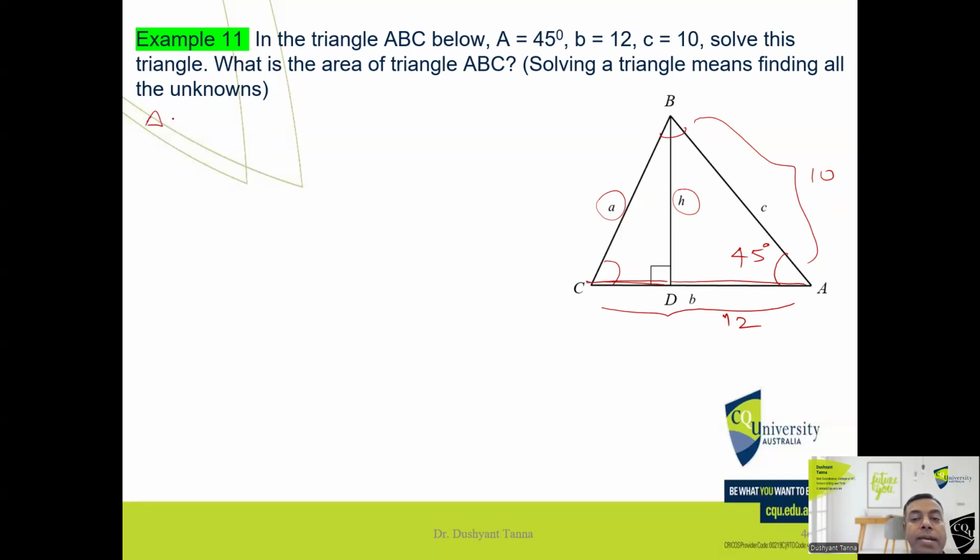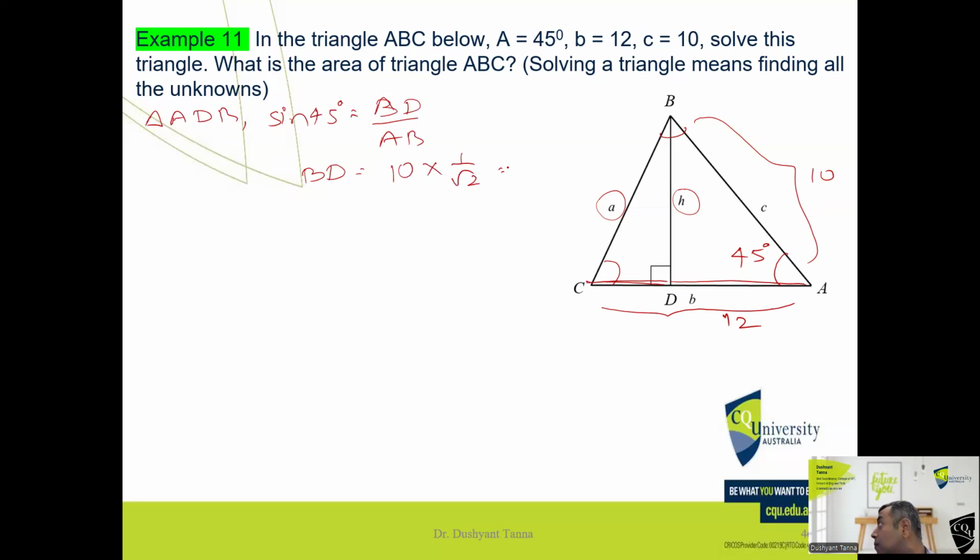So for triangle ADB, sine 45 is opposite, that's BD, over AB. Therefore, BD is AB, which is 10, times sine 45, which is 1 over root 2.